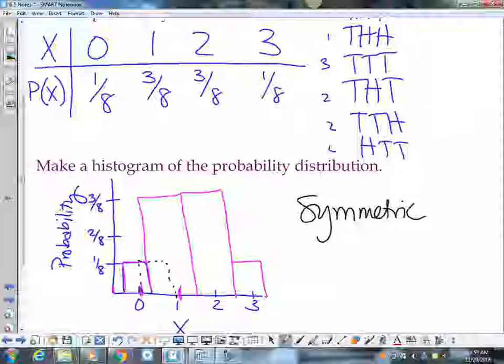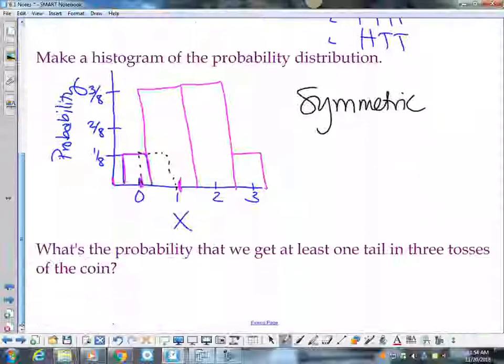Do y'all agree that it's unimodal? Got some yeses? What's bimodal? Two separate peaks, with a valley in between. I don't have that. So it is symmetric.